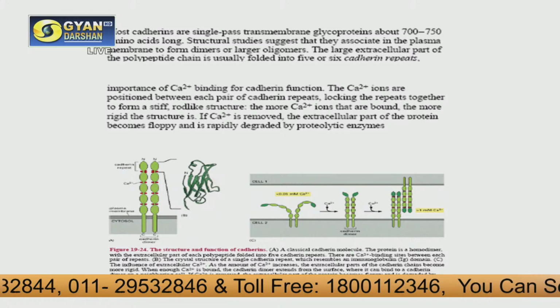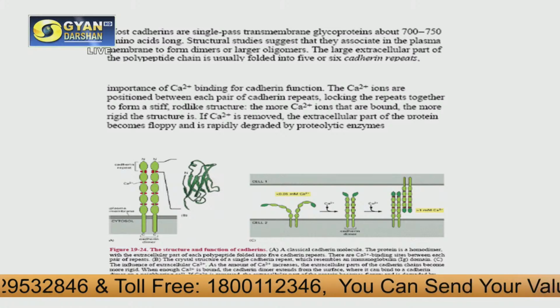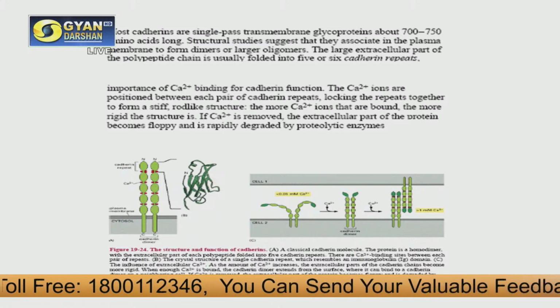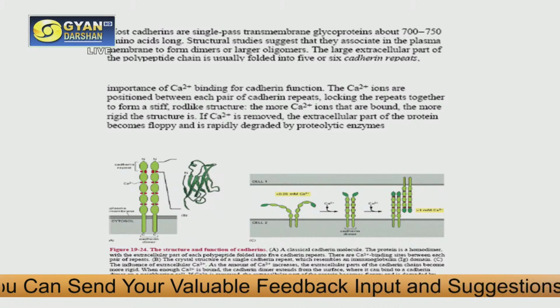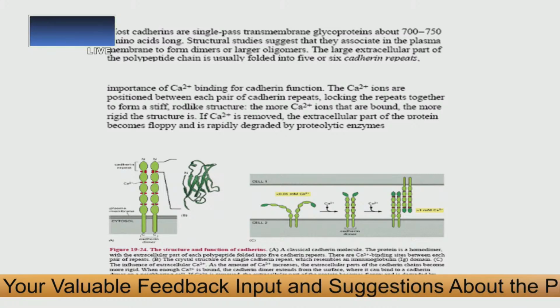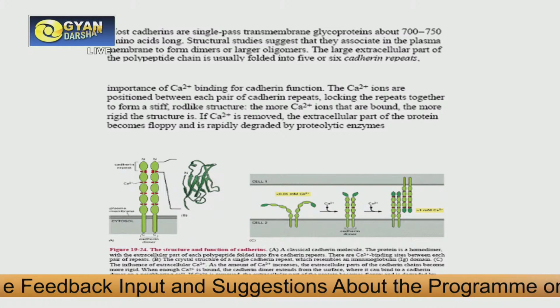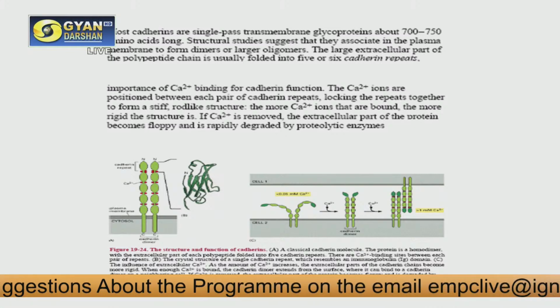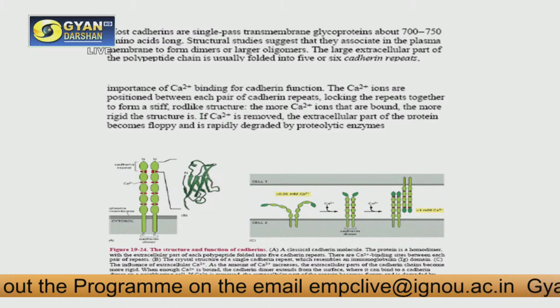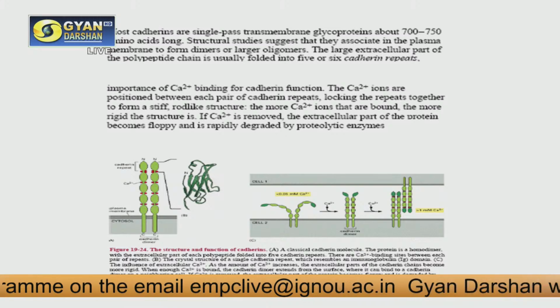You can see 2 components side by side. So it is a dimer, and the head portion is composed of 5 repeats, and the tail portion is within the cytoplasm. Now in the head portion, you can see some red colored spots.